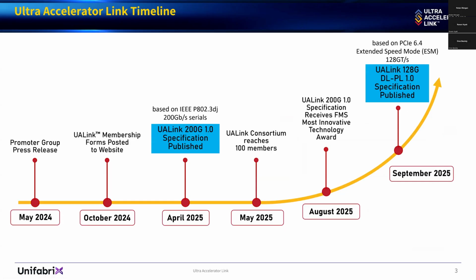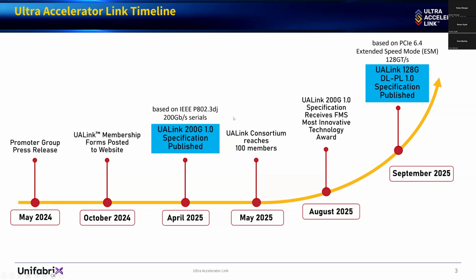Some important milestones around the UALink timeline. May 2024, the promoter group press release was out. If we look at the specification published, we see April 2025, the UALink 200 1.0 specification published.